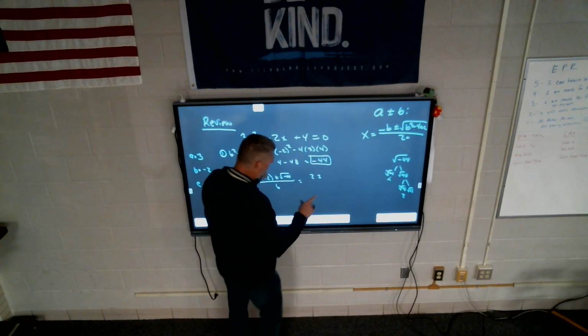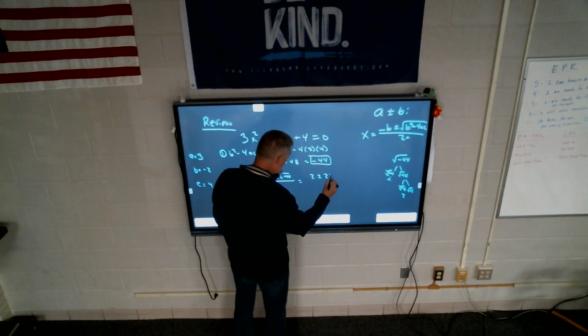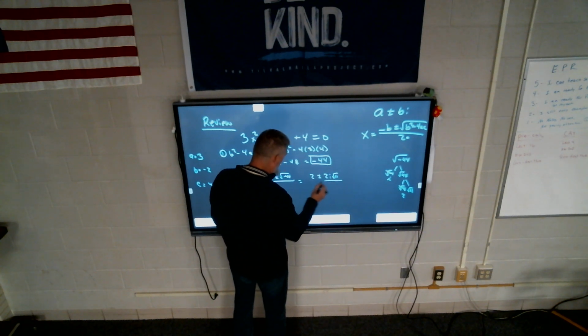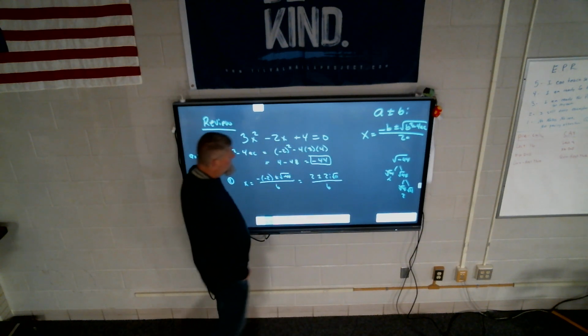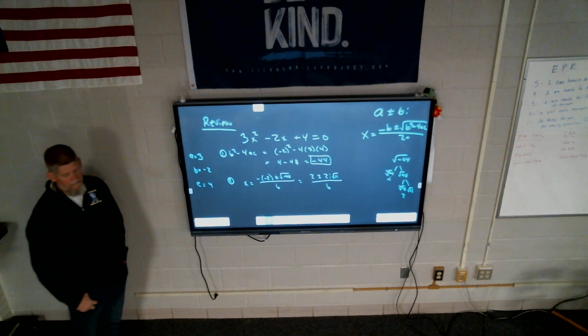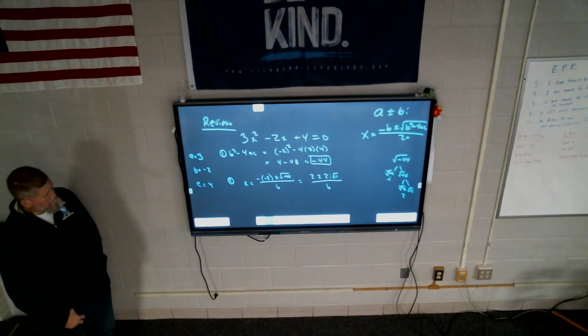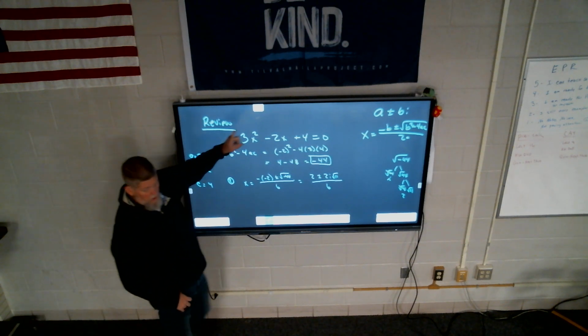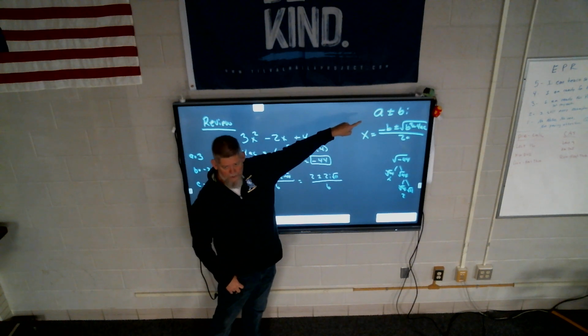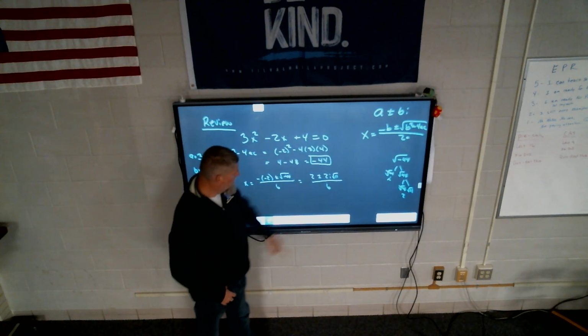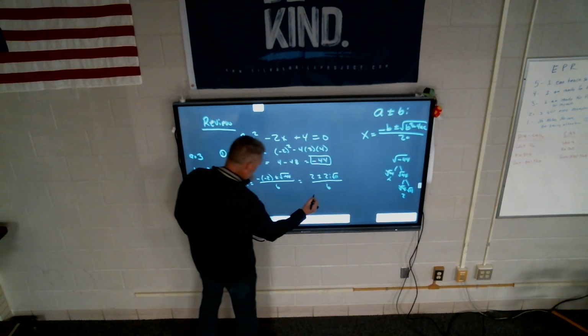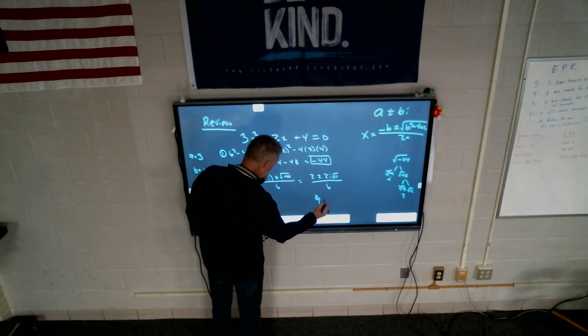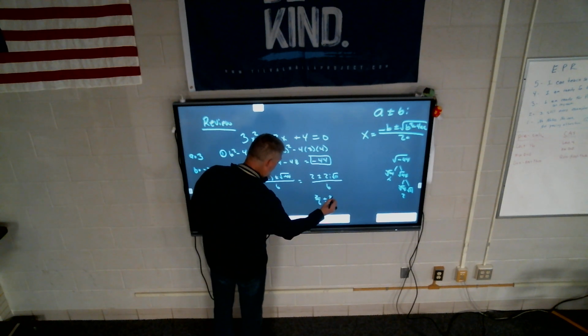So then I'm left with 2i square root of 11 all over 6. Now, once again, we want to write our answer as a plus or minus bi, so I have to split this apart. So I have negative 2/6 plus or minus 2i radical 11 over 6.